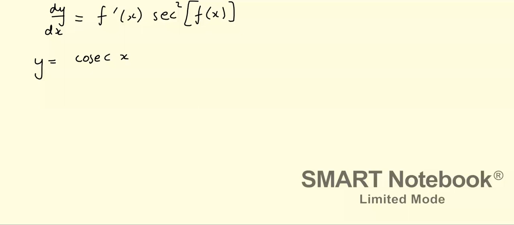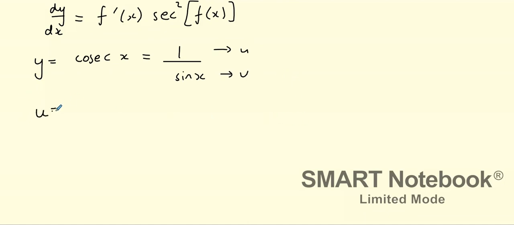Right, let's have a look. So, firstly, this is not in a helpful format. Minus cos x over sine squared x is the right answer. So that's fine. First, what we need to do is write it as 1 over sine x, and say this is u and this is v.